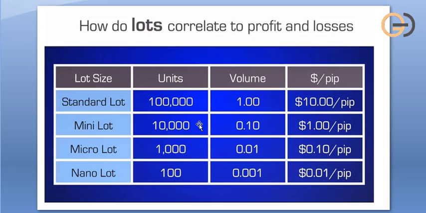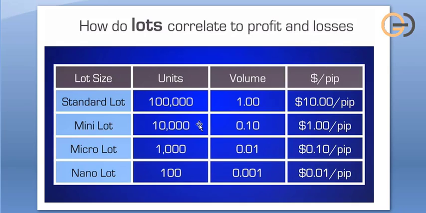So you see how you use the pip to correlate with the lot size and the volume, which is of course the lot size. Is that okay? So it is the amount of money that you have that you can use to purchase a currency in the market.